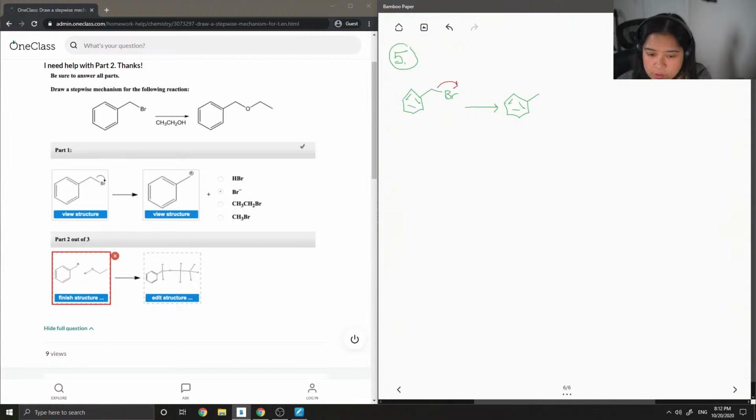But basically after the bromine leaves, we have this now positively charged carbon plus a Br minus. So this is where the ethanol comes in.